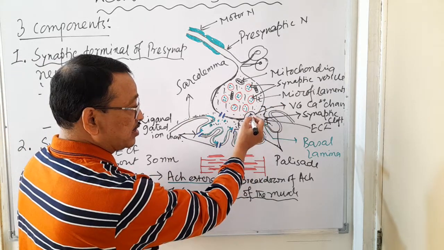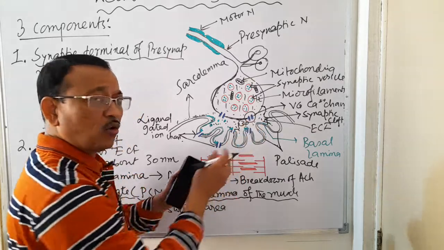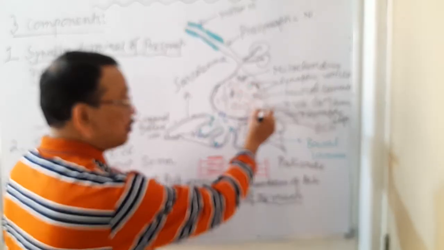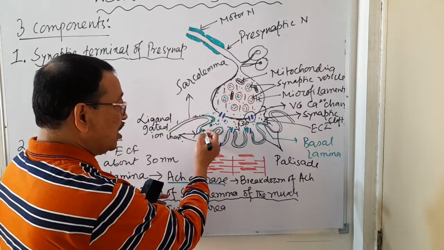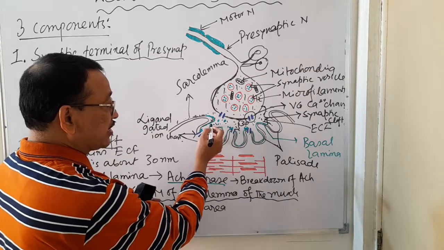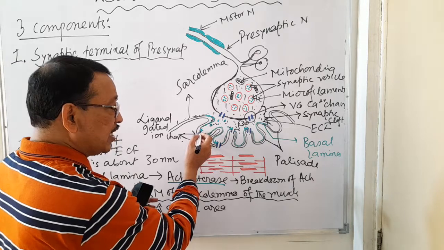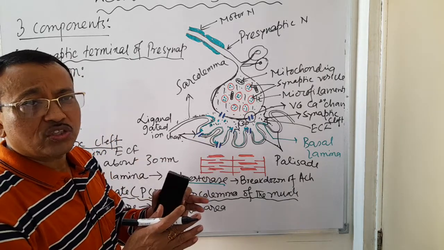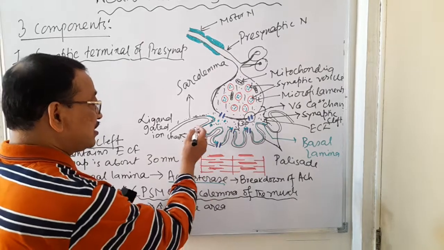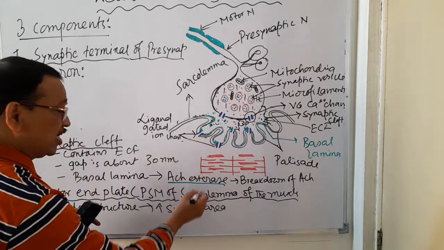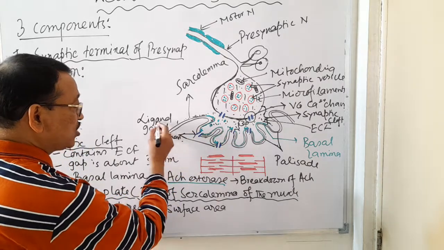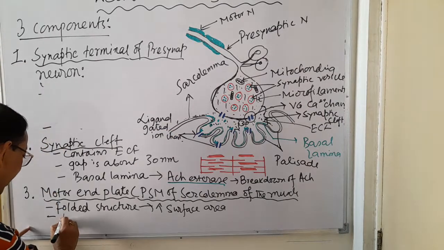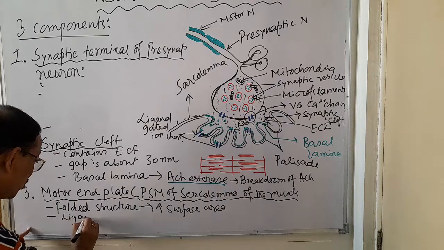Voltage gated channels open in response to a change of the voltage of the membrane. But in this case, once the neurotransmitter acetylcholine binds with this, then this channel opens or closes.